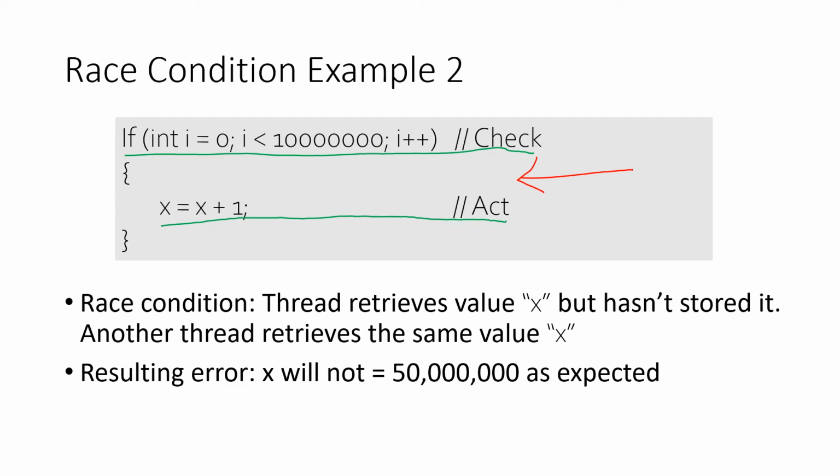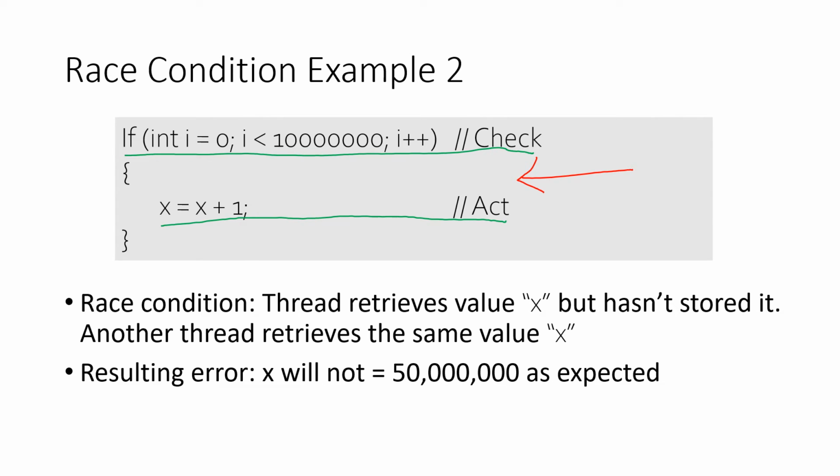In this example, let's say that the thread receives the value for x, but doesn't have the opportunity to store that value before another thread comes along and tries to change x. So another thread could receive the same value of x because it wasn't stored, and then they would both be storing the same value, which would result in unexpected results.